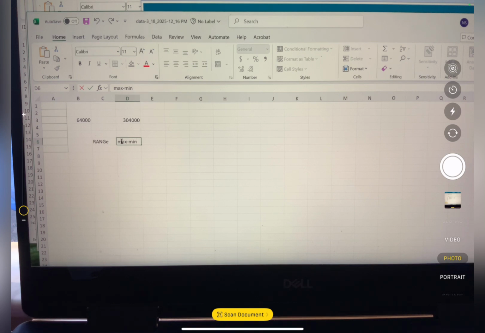I'm going to do the formula: equal sign, this is my maximum, and then minus my minimum, and I got the result.